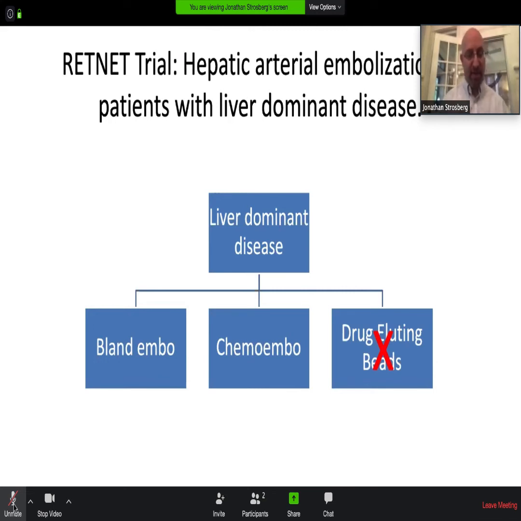There was an unacceptable rate of toxicity. So that arm of the study was eliminated. So if anyone is considering a liver embolization, please don't do drug-eluting beads. But as far as bland embolization versus chemoembolization, we're still waiting for the results of the study.